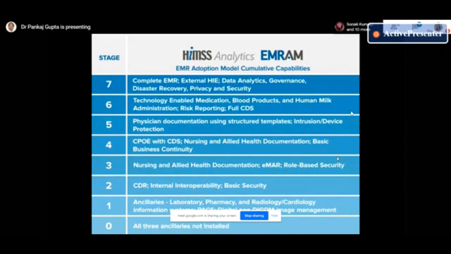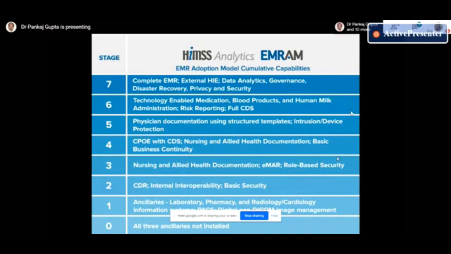When you go from 0 to 7, to the higher levels, that is stage 6 and stage 7, at stage 6 there are only 40 hospitals that have been able to achieve it, and stage 7 is even fewer than that. So globally, it's so hard to achieve those levels.